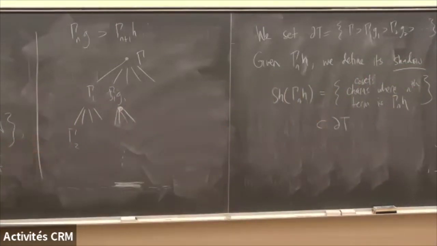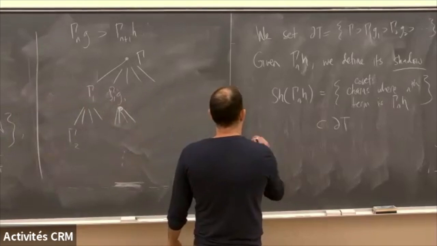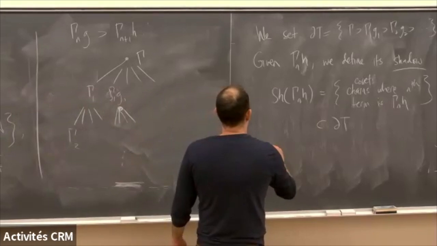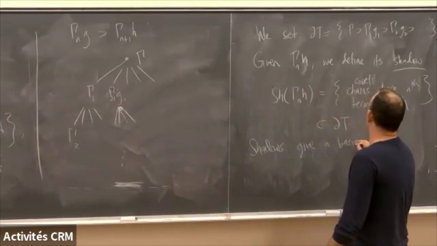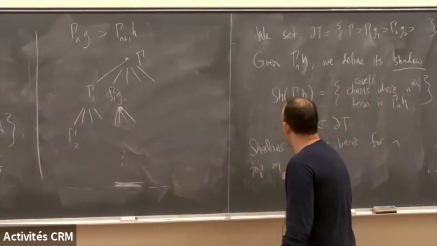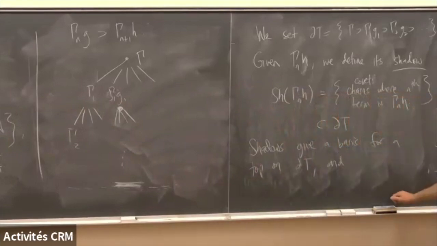And then these shadows give you a basis for a topology on the boundary that turns it into a Cantor set. Right, so shadows give a basis for the topology on the boundary, and also they determine a natural probability measure on the boundary.